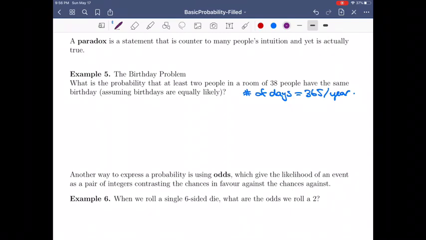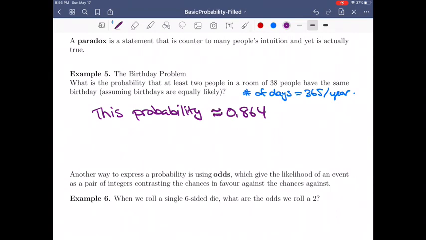But it turns out that this probability for 38 people is actually 0.864 approximately. So it's almost 87% likely that in a group of 38 people at least 2 of them are going to share the same birthday.